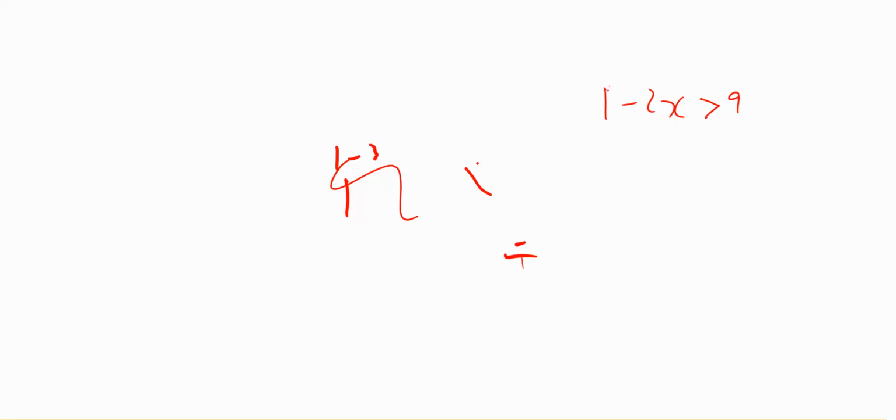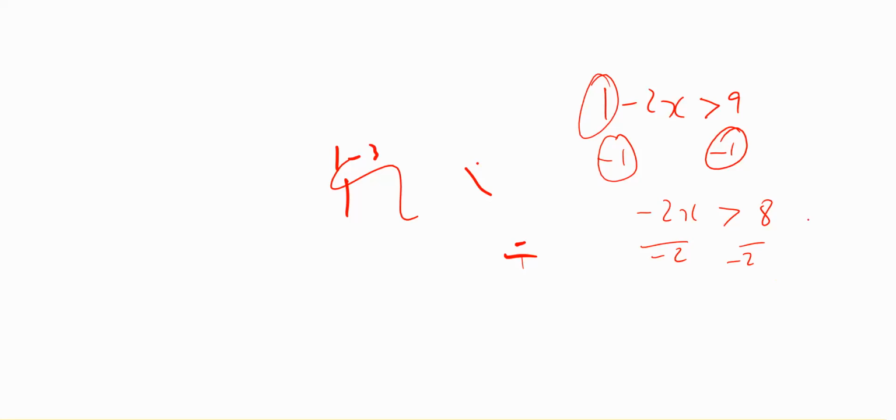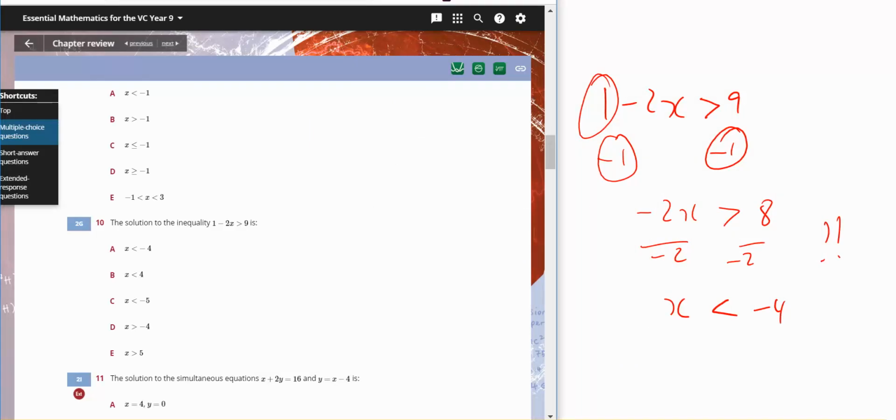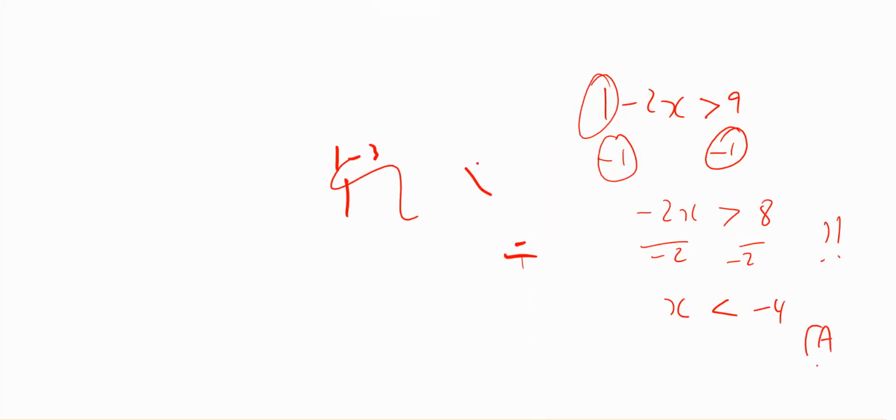I need to get rid of the 1 first, so I subtract 1 from both sides. We get negative 2x is greater than 8, because 9 minus 1 is 8. Then I divide both sides by negative 2. Whenever we divide by a negative number, we have to pay attention: you have to swap the direction of the inequality. So 8 divided by negative 2 is negative 4, and x will be less than negative 4. Your answer should be A.